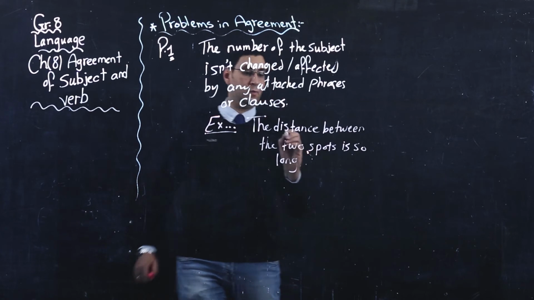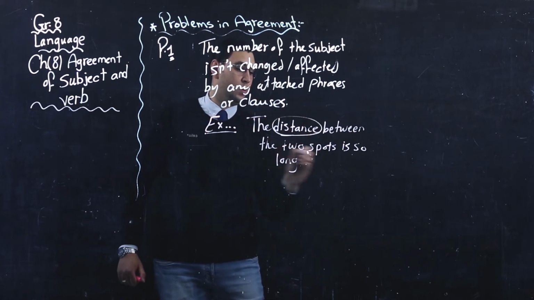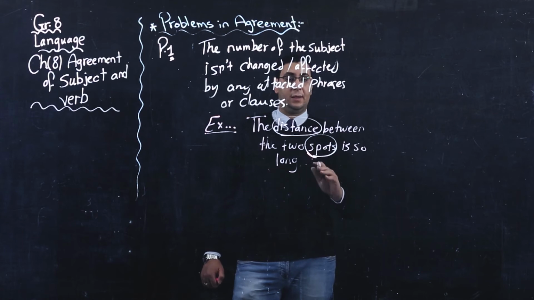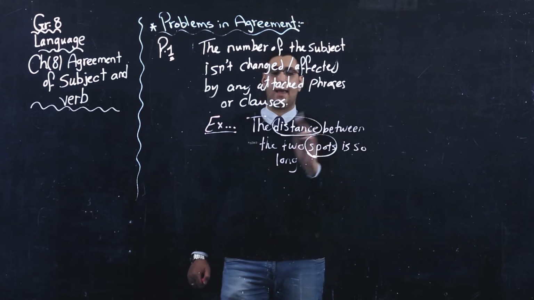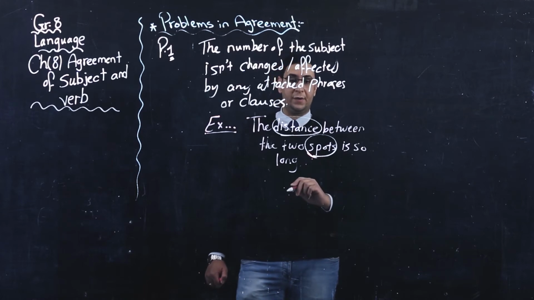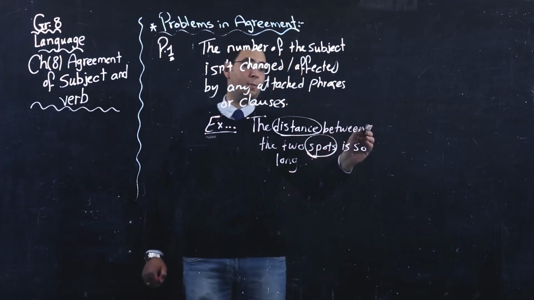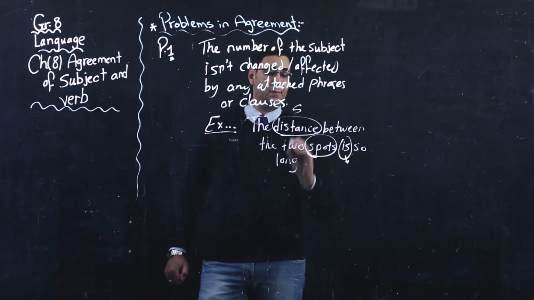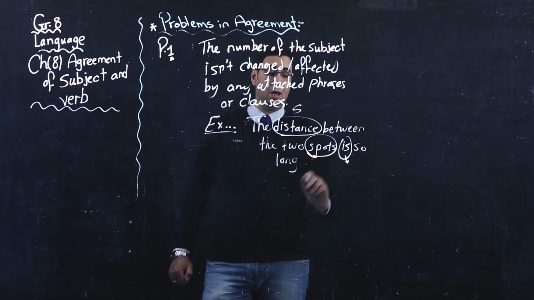Which one is the subject, distance or spots? As you know, we have always said that the subject of the sentence can't be part of the preposition phrase attached to the first word. So here we have to drop between the spots, and the subject is distance, and the verb is. So here distance is a singular subject, and the verb here should also be singular.